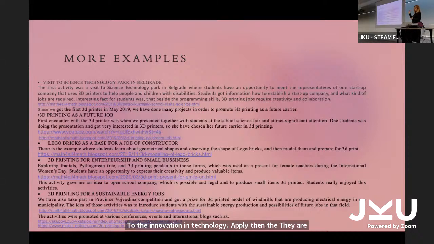So students had an opportunity to talk to the companies that deal with 3D printing. They print different products. So also we were doing 3D printing as a career counseling, so maybe 3D printer as a future job. We printed different kinds of objects like Lego bricks.